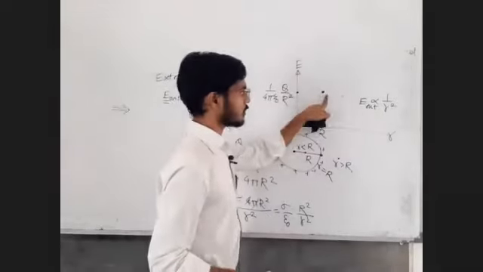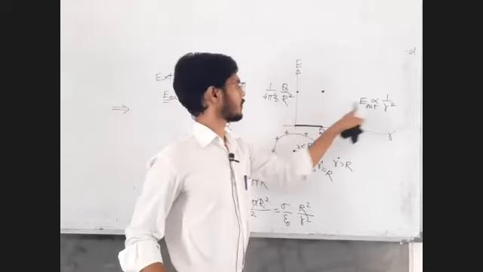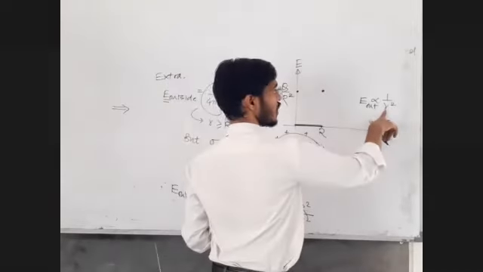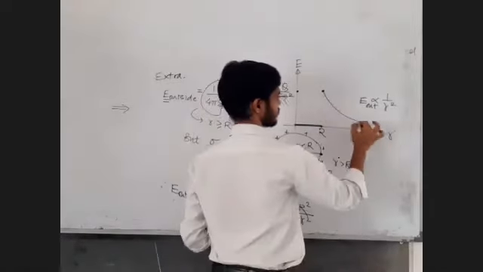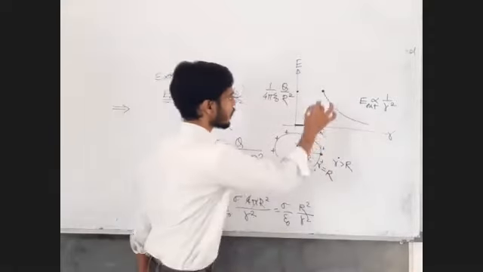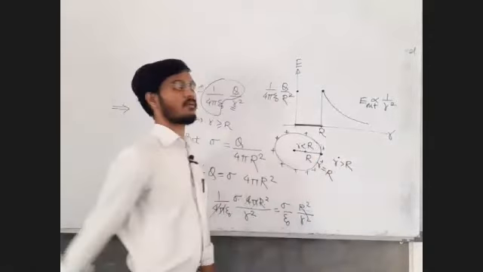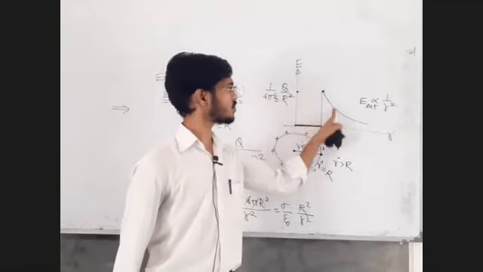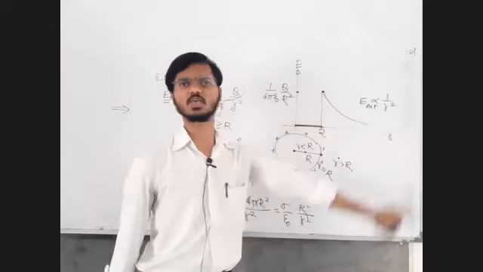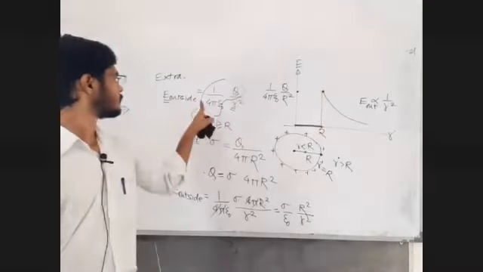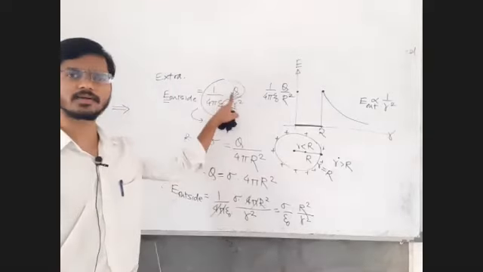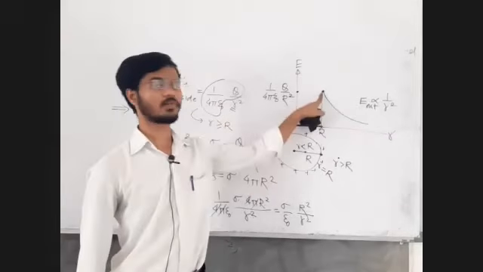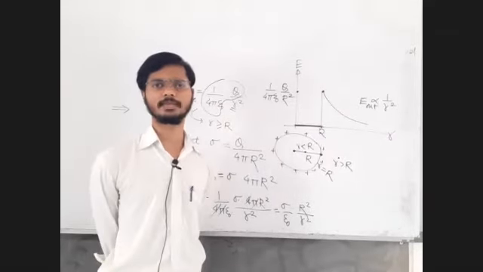If r increases, the electric field decreases. Inside it is 0, on the surface it has this value, and outside it goes on decreasing, proportional to 1 upon r square. Put r equal to capital R and you get the value on the surface. Agree, disagree? Reply in the chat box.